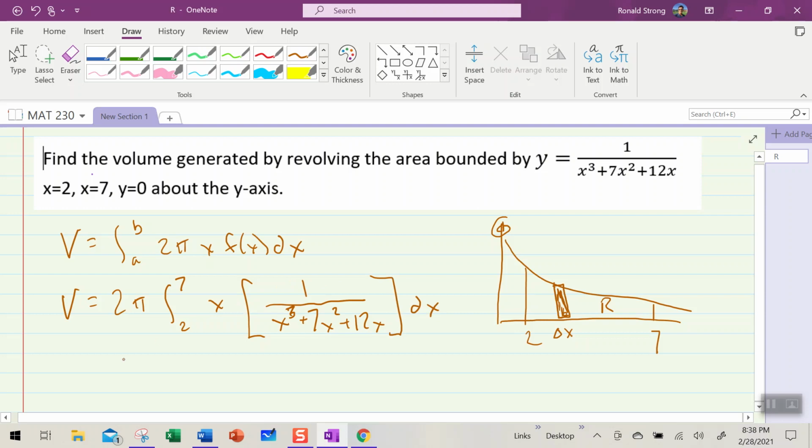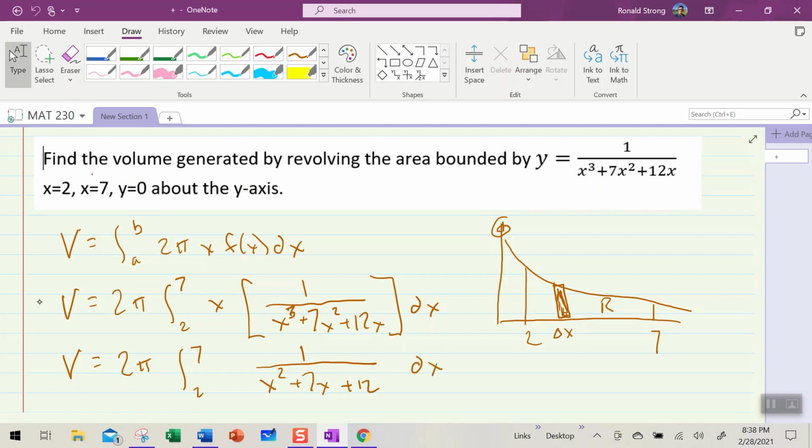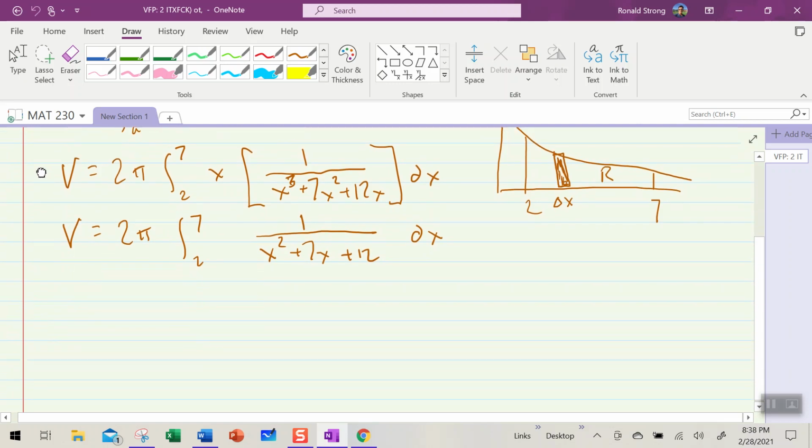Multiplying this through by x, we can simplify a little bit by canceling out some of those x's. And we end up with the function 1 over x squared plus 7x plus 12 dx. Well, this is nice because that denominator is easily factorable.